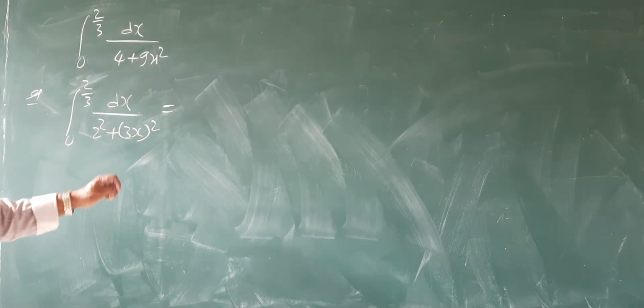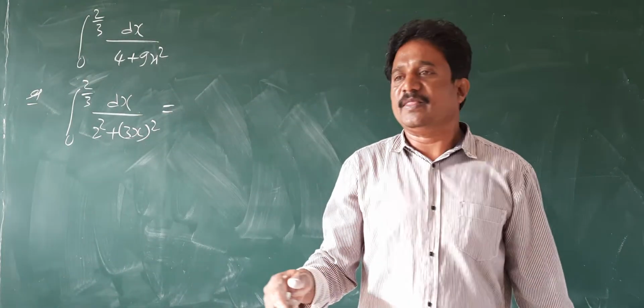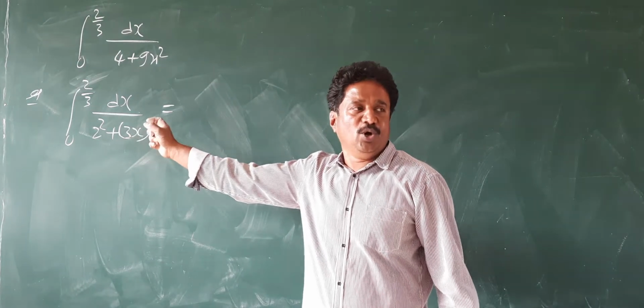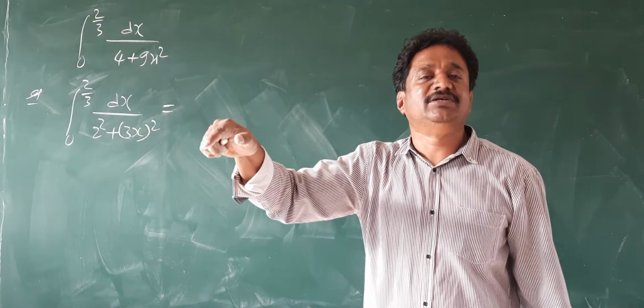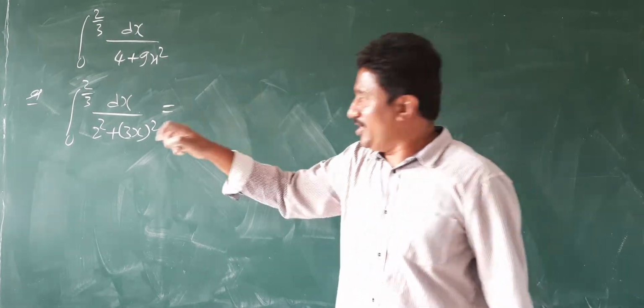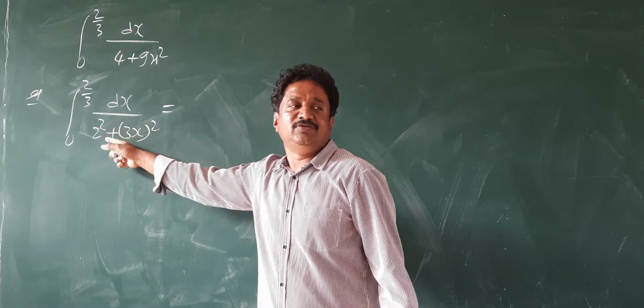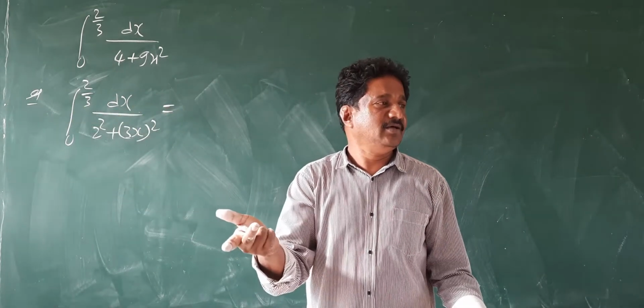Tell me, it is related to tan inverse. No root, and we have a plus, so it should be related to tan inverse. Tell me the complete formula: 1 by a tan inverse x by a. If a is 1, we need not write 1 by a, because 1 by 1 becomes 1.